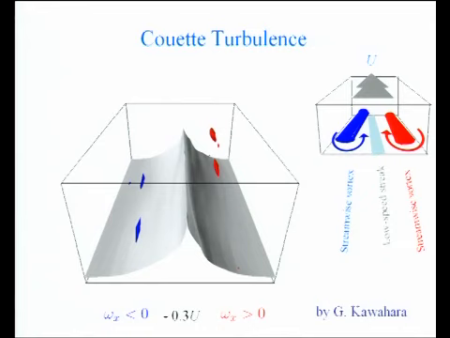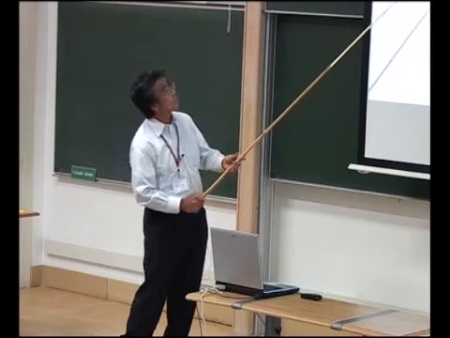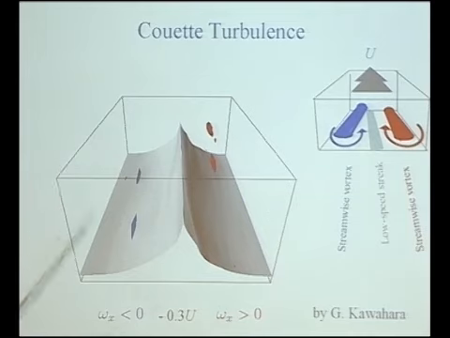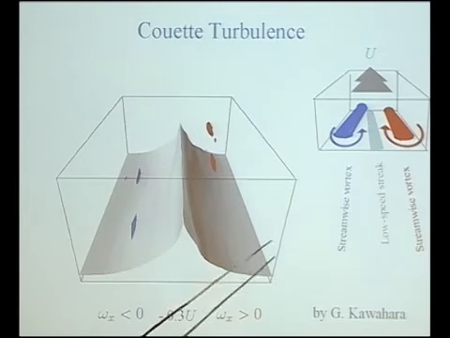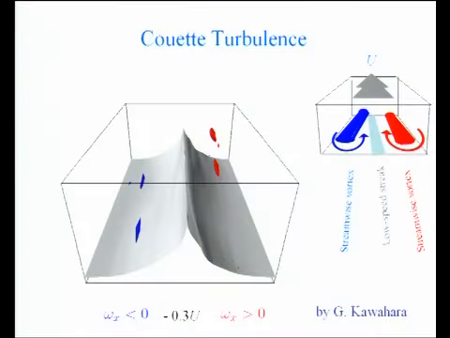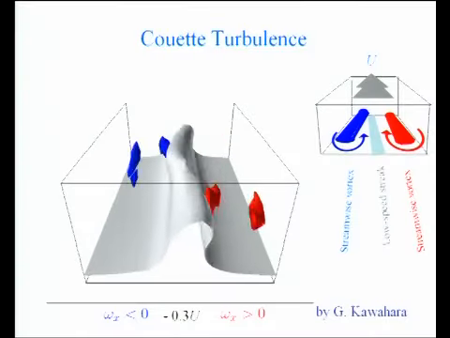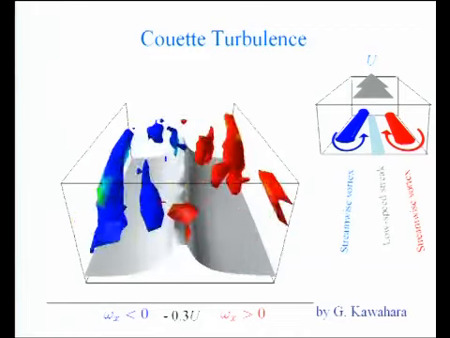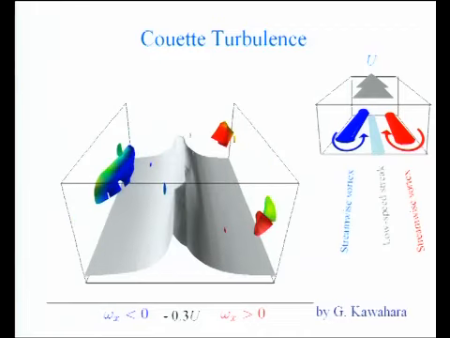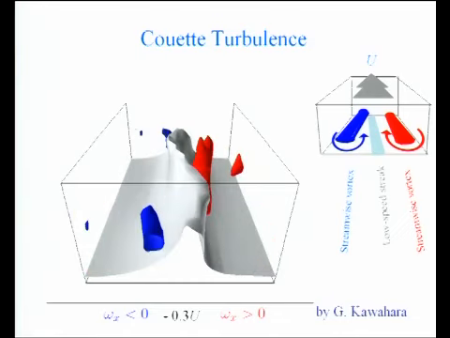First I show the turbulence state simulation. This box is actually the computation box, the upper plate moves into the screen, and the lower surface comes toward us. We have a low speed streak in the middle and two streamwise vortices on the two sides.